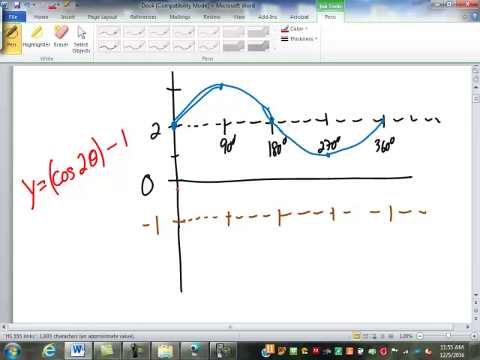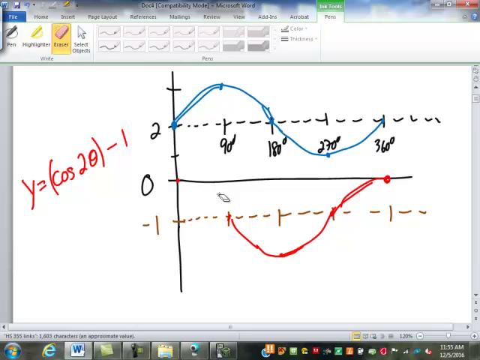Cosine starts up 1 above the axis. There's nothing multiplying it here. So we're going to start out 1 above the axis. Goes to 0, 1 below, and back to 0. Oops. And back to 1 above.